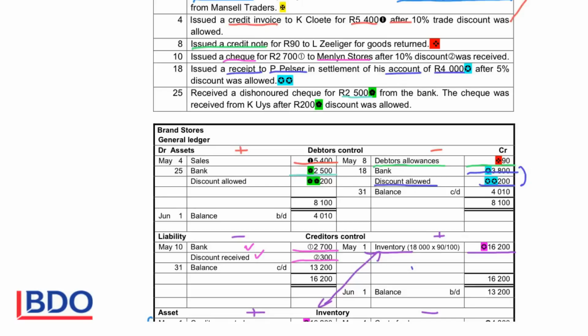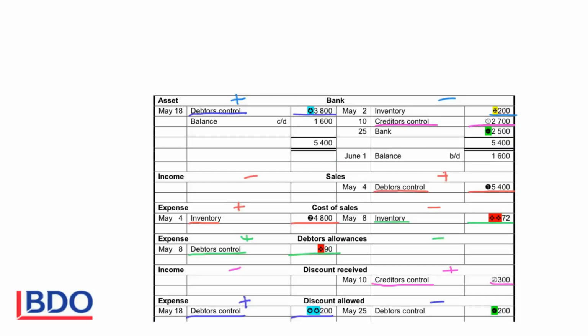If the bank returned the cheque, it means that we don't have the money in the bank anymore, so we have to credit the bank with the amount on the cheque, 2,500, to indicate that this money is not in the bank anymore, and we decrease the amount of money in the bank.